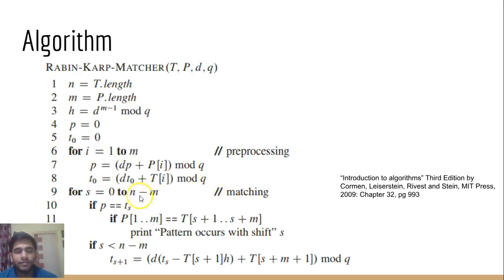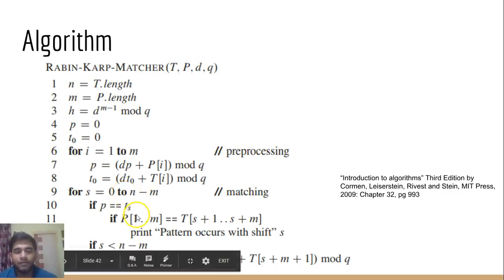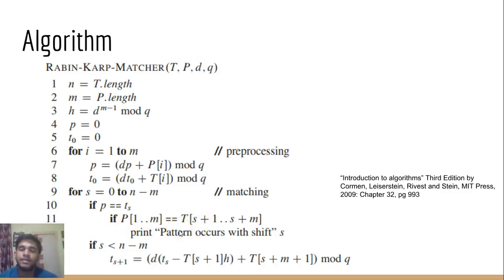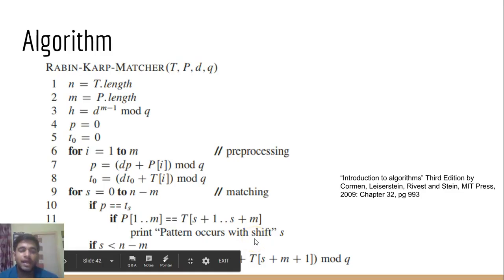Then finally we let S range from 0 to n minus m. If for any value of S the TS becomes equal to P, that is S seems to be a candidate match, we compare the pattern with the shifted T, and if they are equal, we print pattern occurs with shift S. And for values of S less than n minus m, we need to compare the next value of T, right? So we write T(S+1) equals this thing as we did a few slides back.